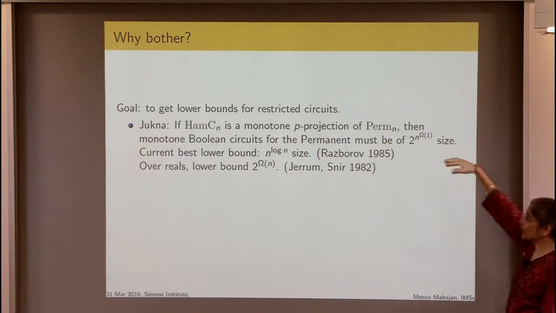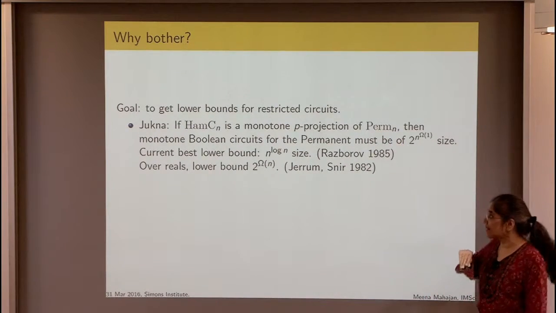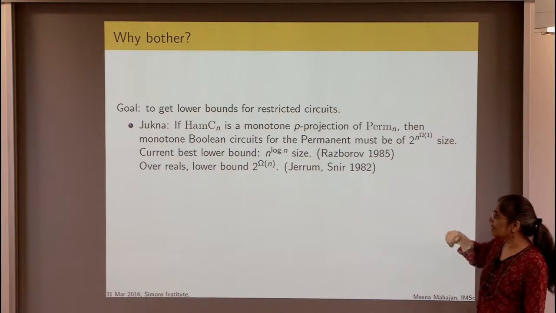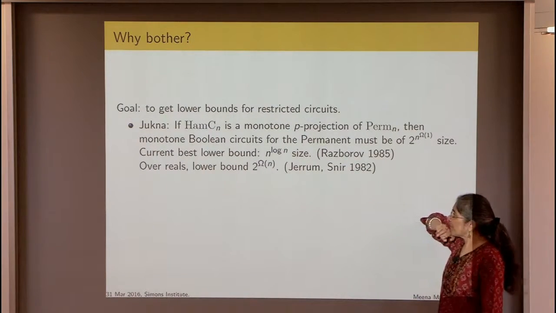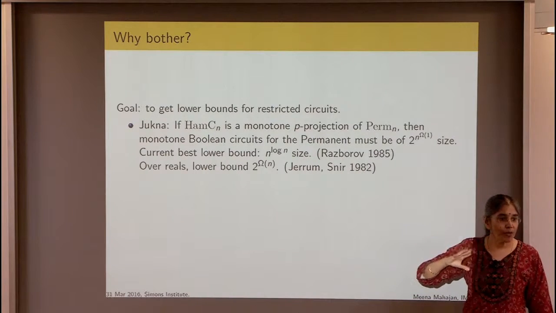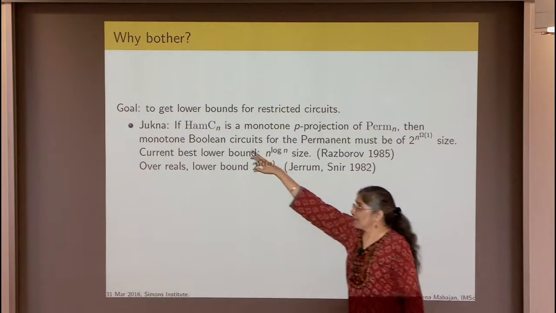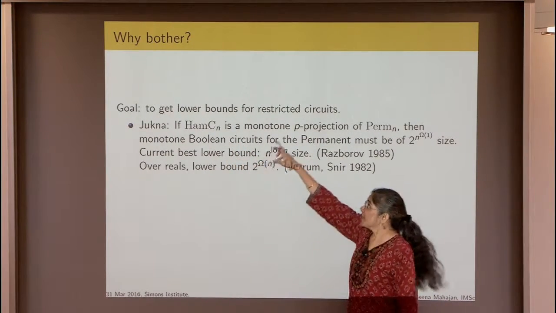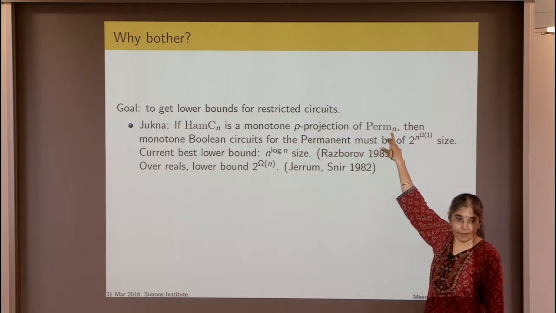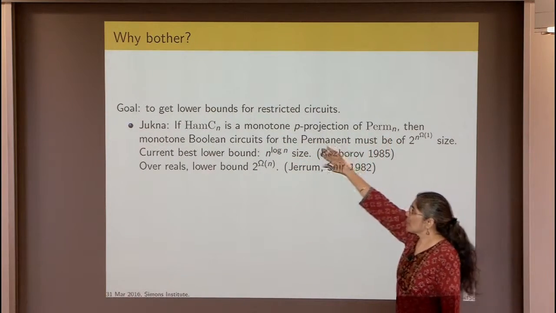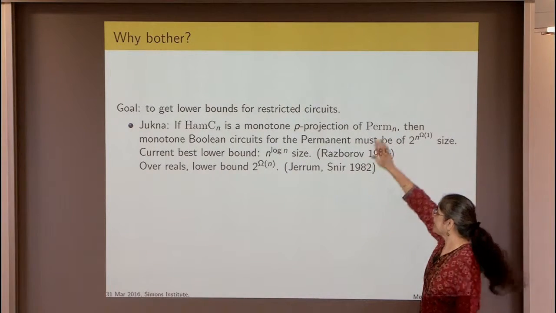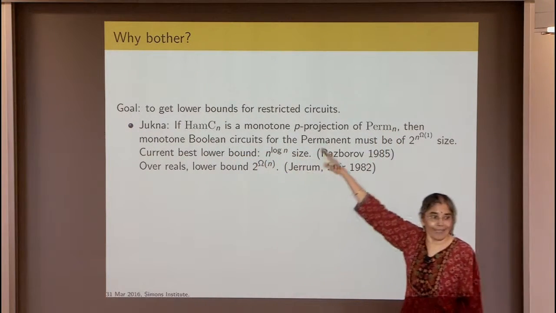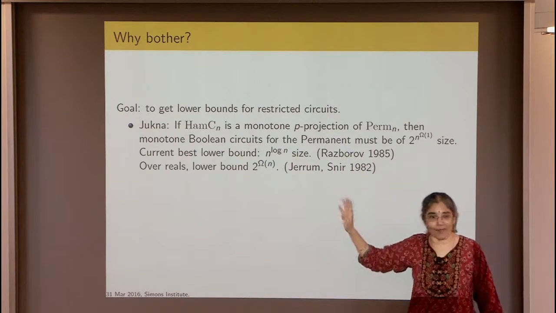Well, one goal would be to get lower bounds for restricted circuits, in particular for monotone circuits. So Jukna observed this a couple of years ago, that if somehow we can show that the Hamilton polynomial, which itself is monotone, is a monotone P projection of the permanent. Okay, before I read further, let me just point out that the Hamilton cycle is definitely a P projection of the permanent, because the permanent is VNP hard.